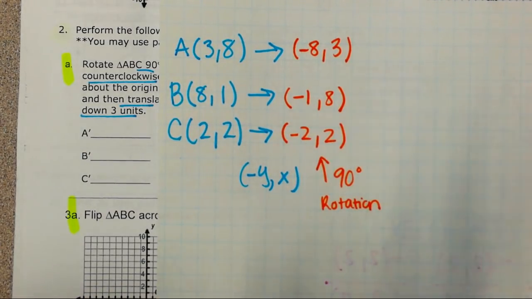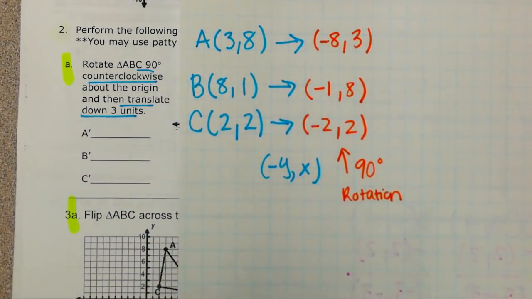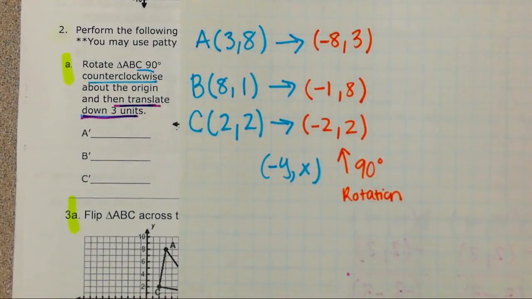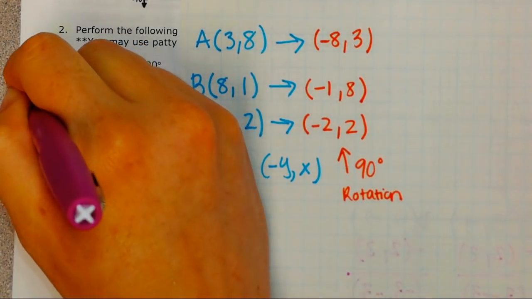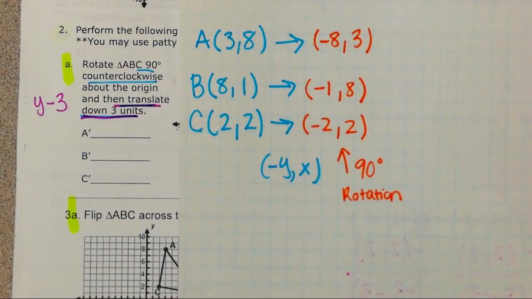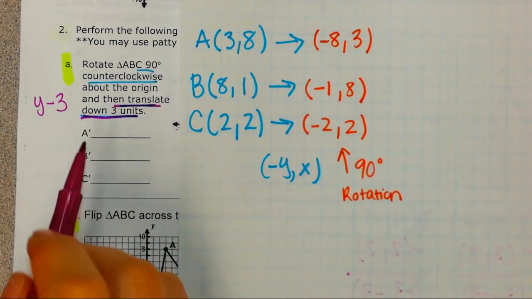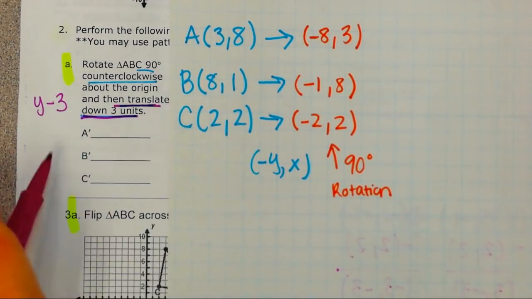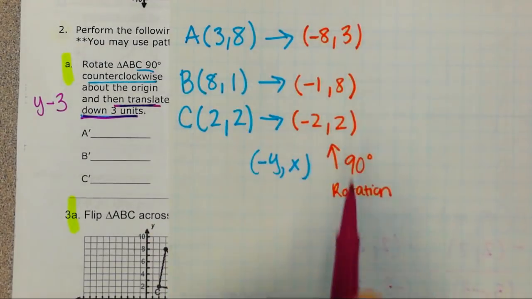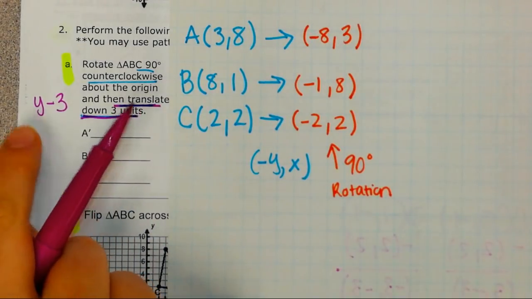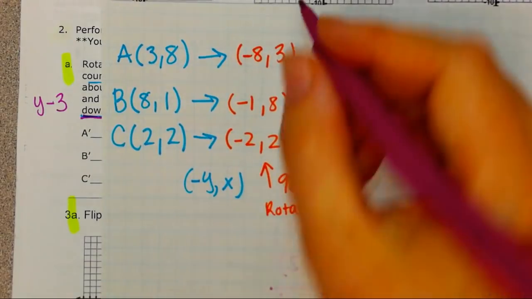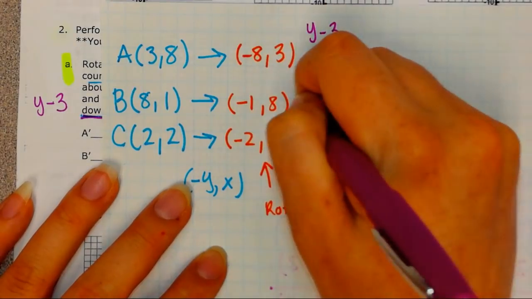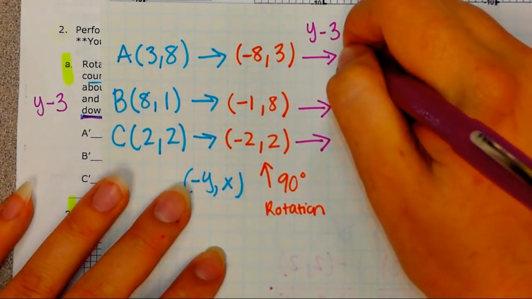Okay, but after that, it wants us to translate down 3 units. Okay, so if you move down 3 units, that means you want to subtract 3 from the y value. If you're moving left or right, that's either going to add or subtract to your x. When you're moving up and down, that adds or subtracts from your y. Okay, so I'm going to take each of these and subtract 3 from the y value.